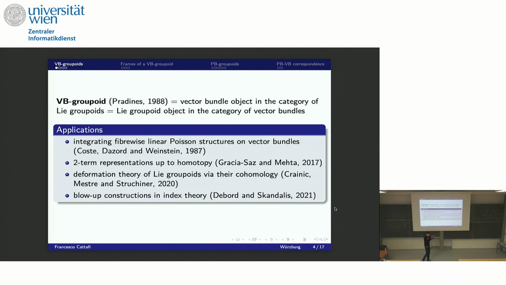In order to make sense of an adjoint representation, Crainic and Arias Abad made sense of the notion of representation up to homotopy. So it's an object which is a bit more general, but there one can define what an adjoint representation is. Instead, Gracia-Saz and Mehta were interested in defining better what these objects, representations up to homotopy, are, and in the case when it is two-term, they can more easily treat them using VB-groupoids.